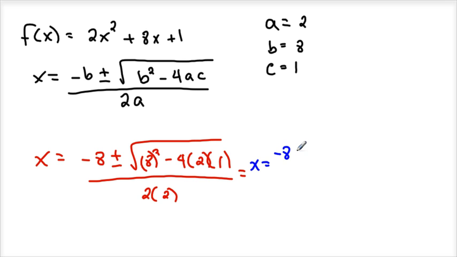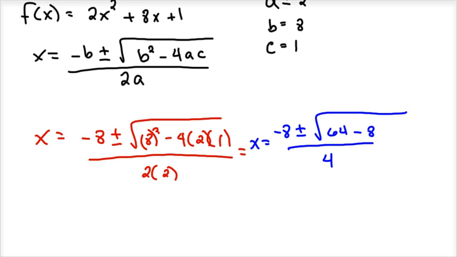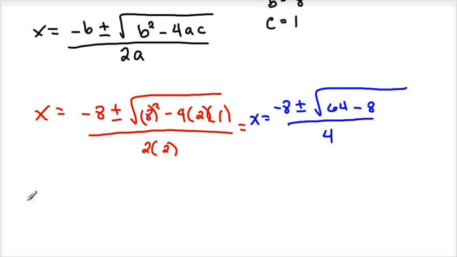X equals -8 plus or minus square root of 64 minus 4 times 2 times 1, which is 8, all over 2 times 2, which is 4. X equals -8 plus or minus square root of 64 minus 8.